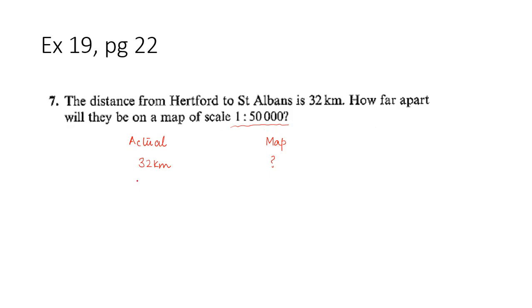Which means a distance of something which is 1 centimeter on the map would actually be 50,000 centimeters in actual. So here again you will have to do a conversion between centimeter and kilometer and use the concept of unitary method and get the answer. I'll give you the final answer so that you can do the necessary calculation yourself and tally with the answer. The final map distance which you get for 32 kilometers should come out to be equal to 64 centimeters.